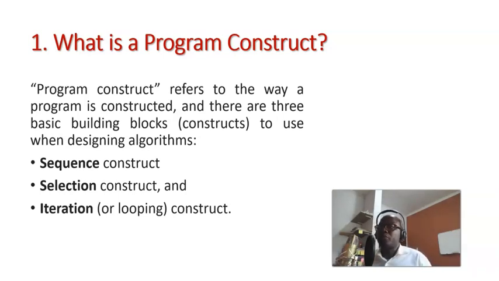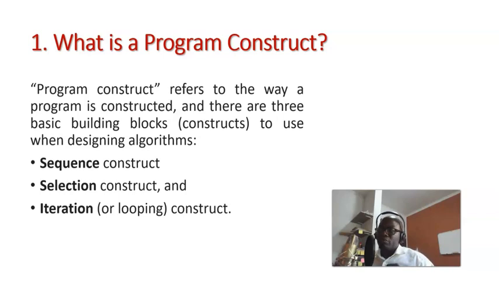Likewise, programming is all about writing programs or developing software, and there are three things you always encounter. Portions of a program will be written in a sequential way, and we call that a sequence construct.